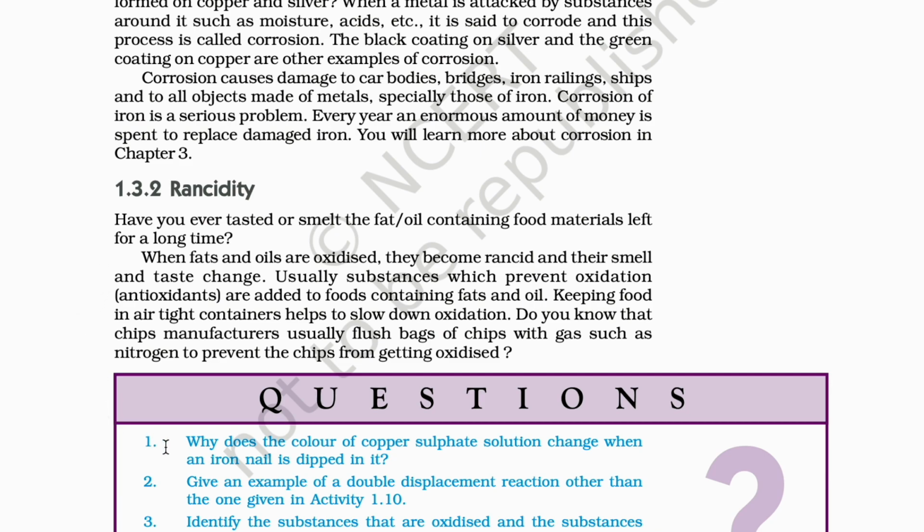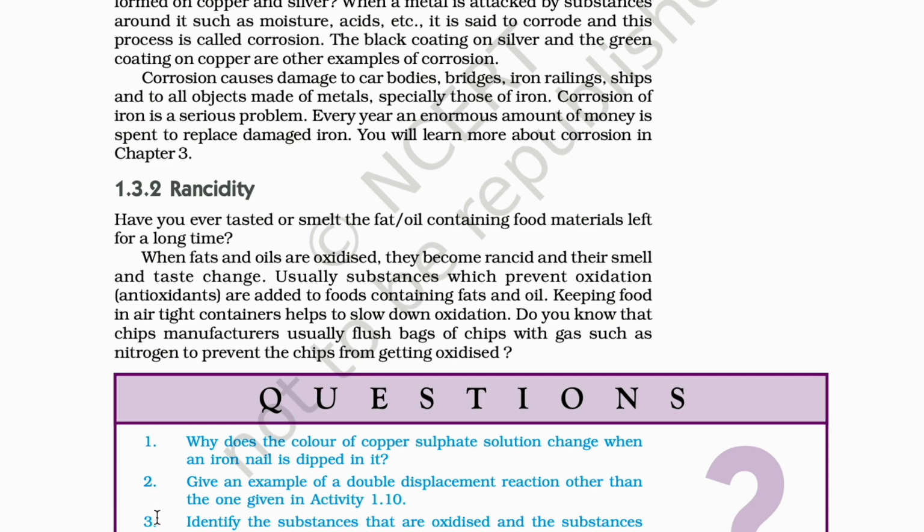Questions. 1. Why does the color of copper sulfate solution change when an iron nail is dipped in it? 2. Give an example of a double displacement reaction other than the one given in Activity 1.10. 3.